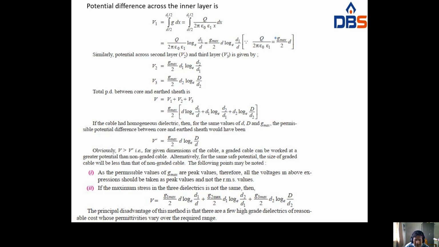Suppose the cable had a homogeneous dielectric, then for the same values of d, capital D and g maximum, the permissible potential difference between core and earth sheath would have been V dash. Suppose it is homogeneous and this is composite. V dash is equal to g maximum by 2 small d log capital D by small d. Obviously, V is greater than V dash for a given dimension of the cable. Grading of cable can be worked at a greater potential, right?